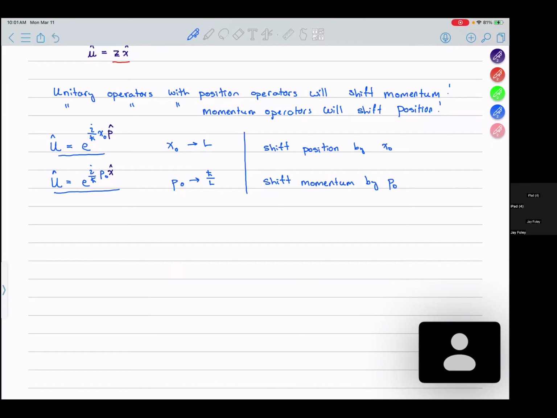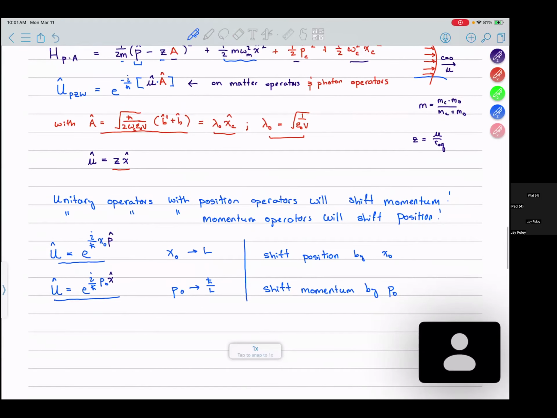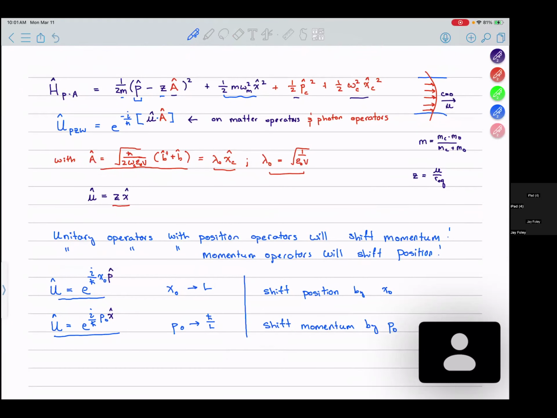So this is an interesting example where the operator is shifting its conjugate, basically. Okay, so it took me longer than I wanted it to take to get to the point I wanted to make. My PZW transformation involves basically two different position operators, the position operator for the matter and the position operator for the photon. So what is it going to shift?